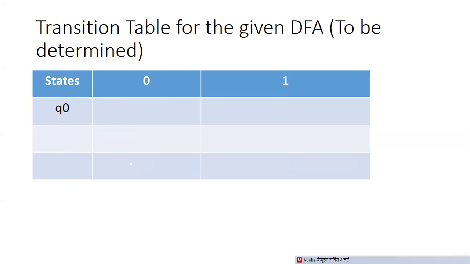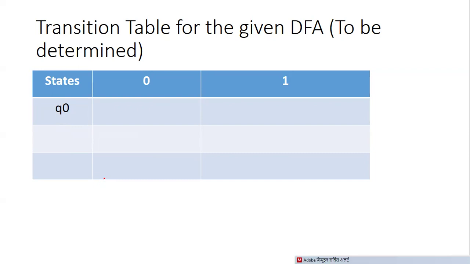Now, let us write the transition table for the DFA, which has to be determined. We know that the initial state is the same. Q0 is the same for both NFA and DFA. So, as of now, we know that Q0 is the initial state for the DFA also.